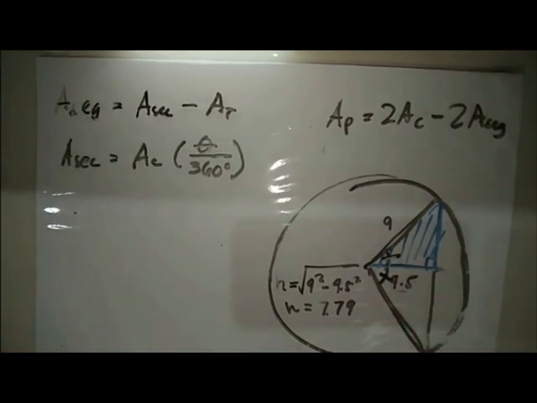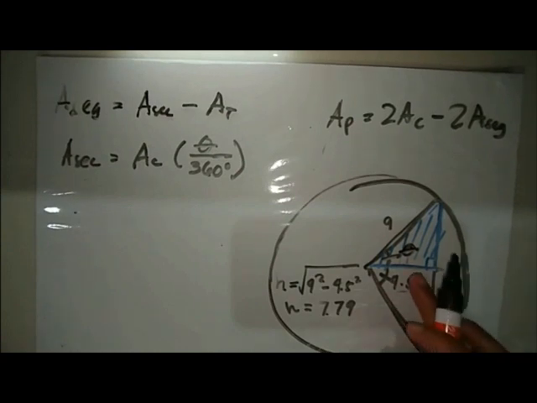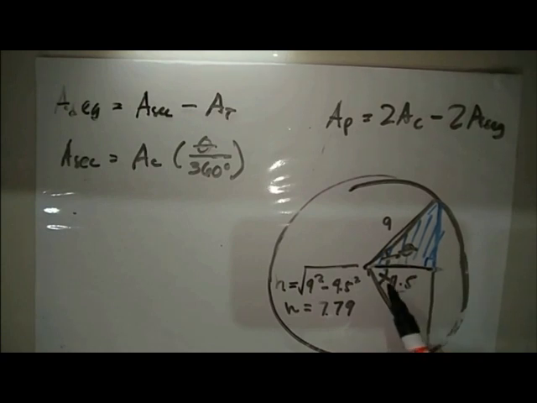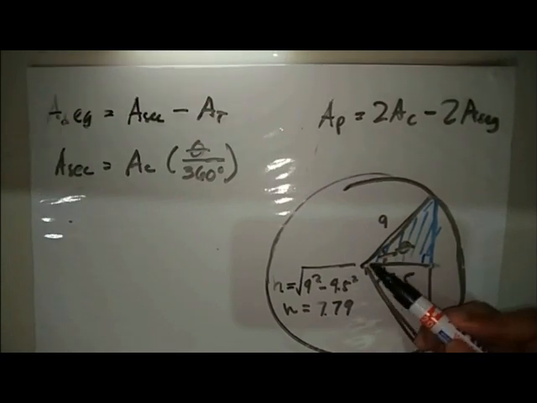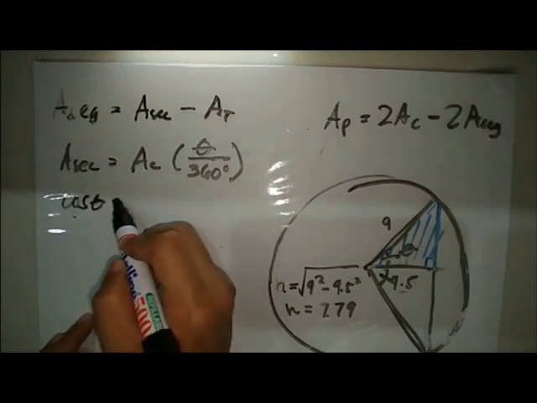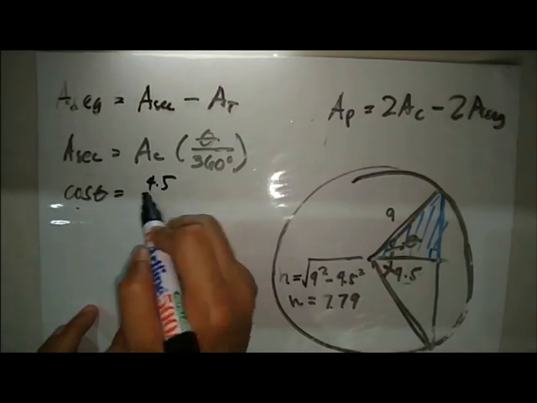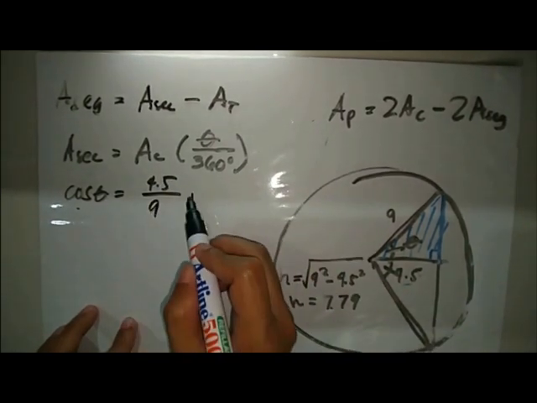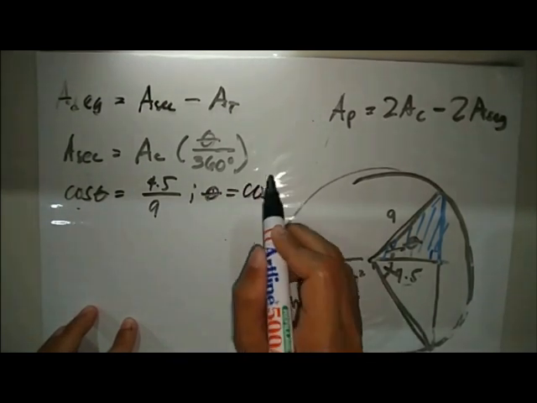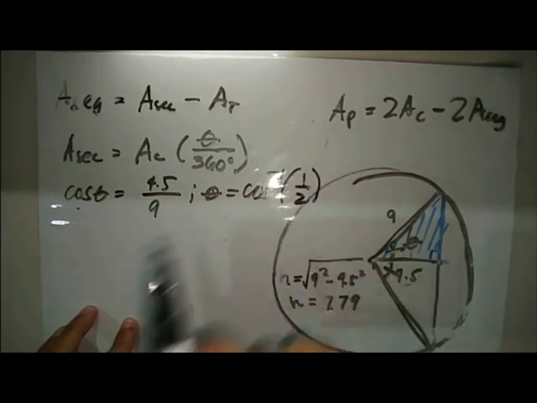Theta here, pwede natin makuha using cosine, since given natin adjacent, 4.5, and may hypotenuse tayo. So, cosine of theta is equal to adjacent over hypotenuse, that is 4.5 over 9. So theta is equal to inverse cosine of 4.5 divided by 9, so that is 1/2.